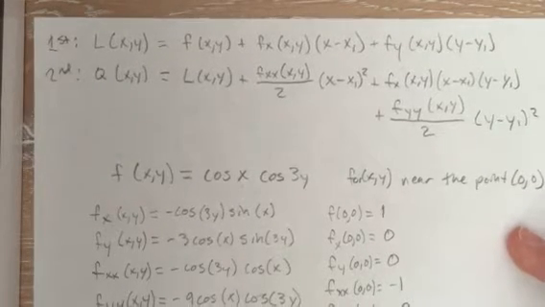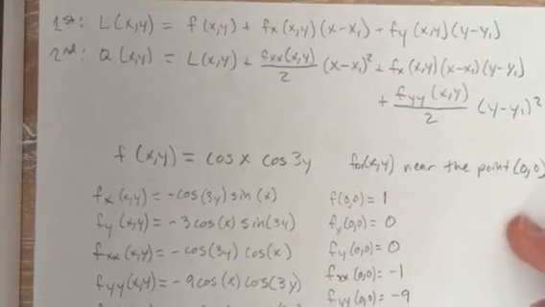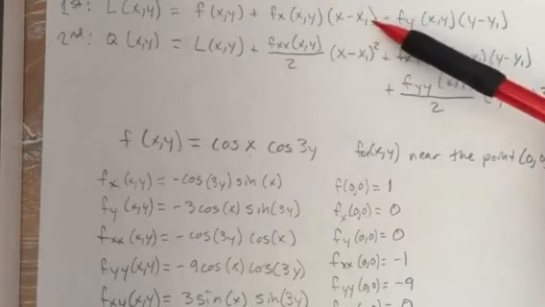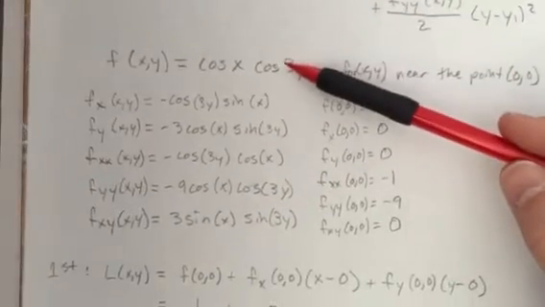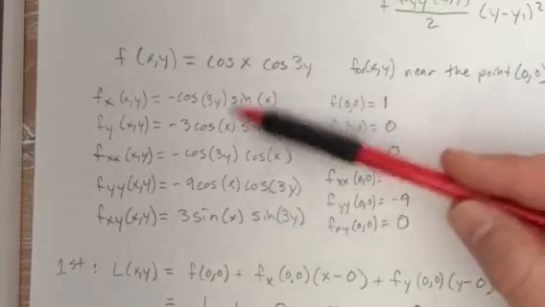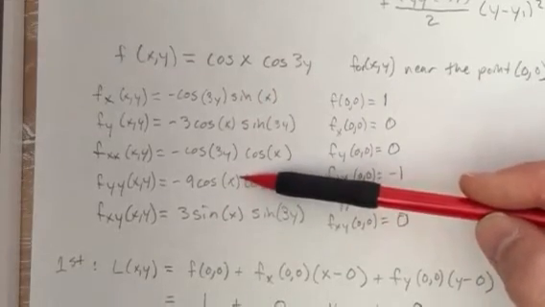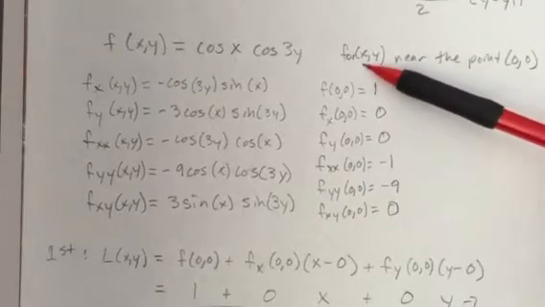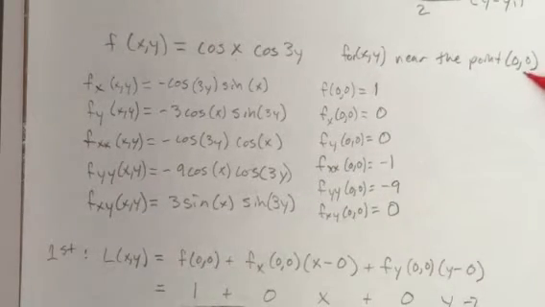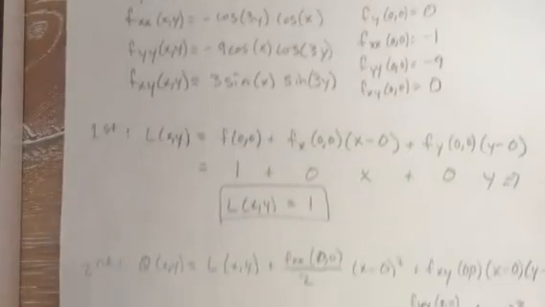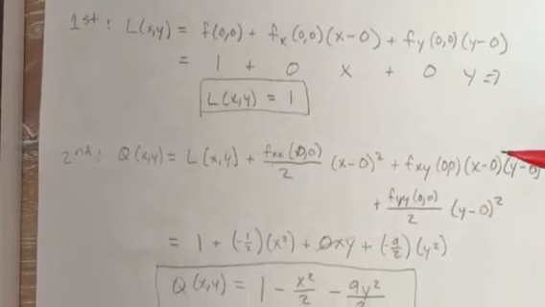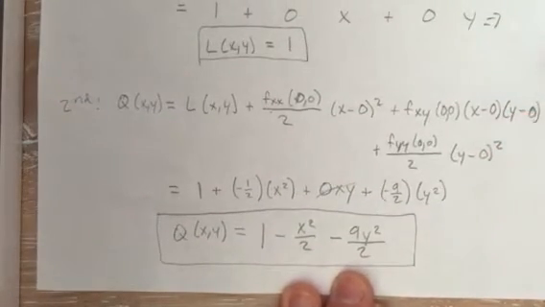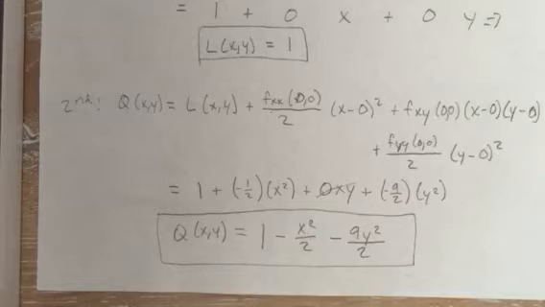This way it's basically, if you know your steps, you remember how to set these up, your first and second degree Taylor polynomials, take the equation, you find your partial derivatives that are required, you find what their values are at whatever point you're given, and from there you just plug everything in, find the values, cancel things out if need be, simplify, and you'll end up with your answers.